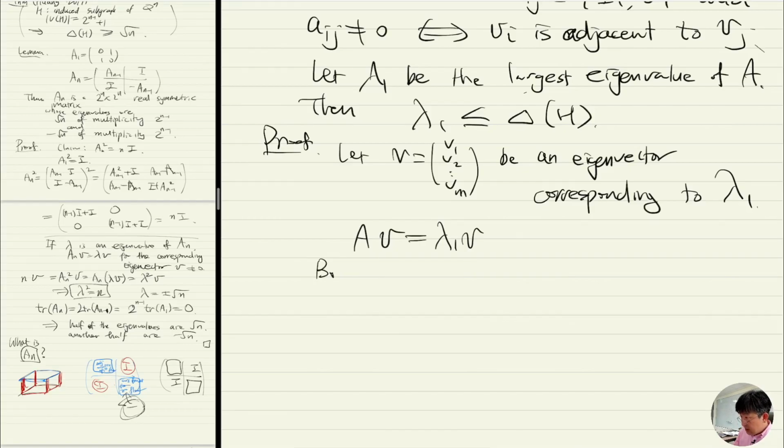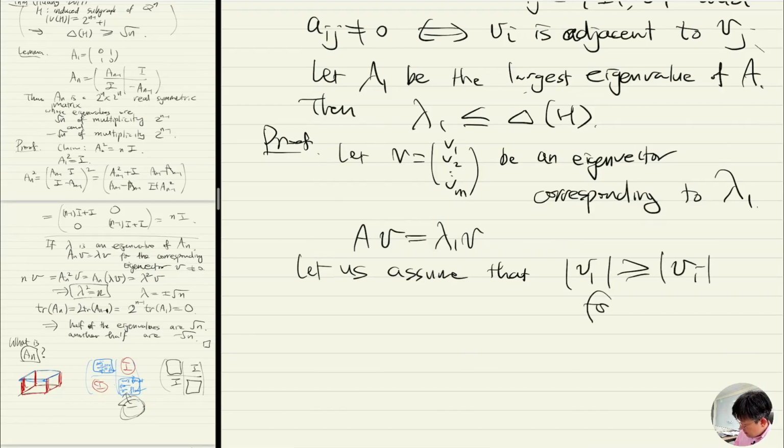So let us assume that the absolute value of V1 is bigger than or equal to anything else, for all I. Anyway, otherwise you swap I and 1, right? So that we choose the maximum Vi and then call it V1. That's relabeling.